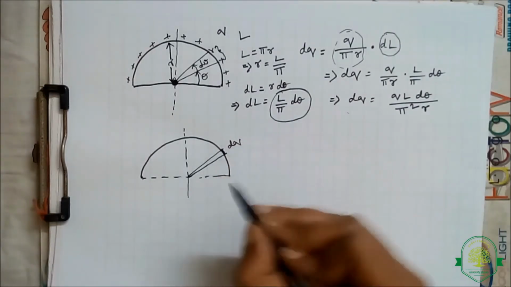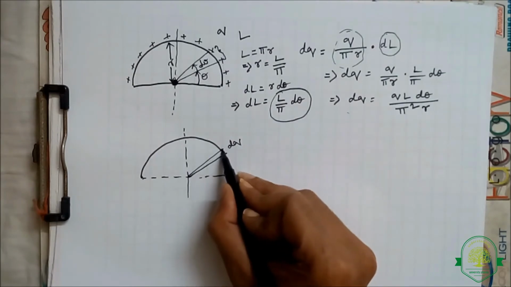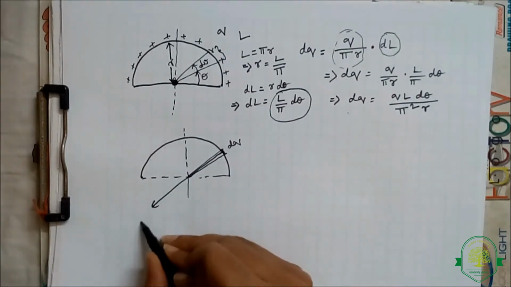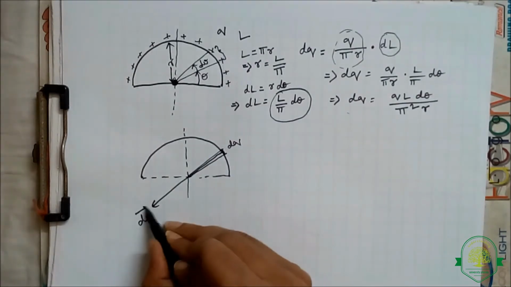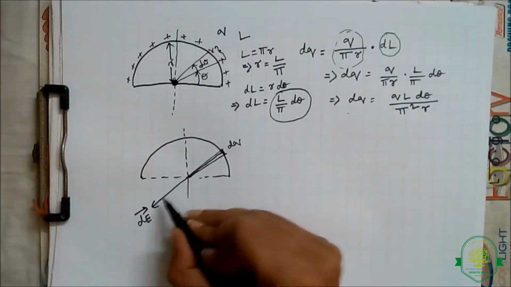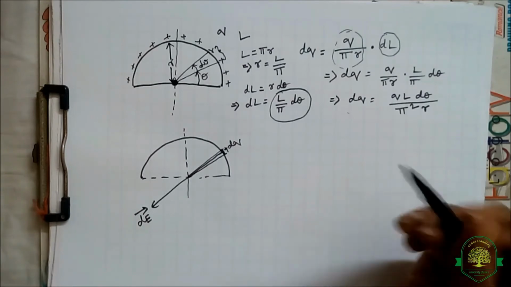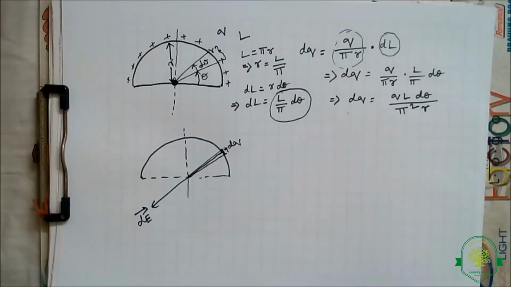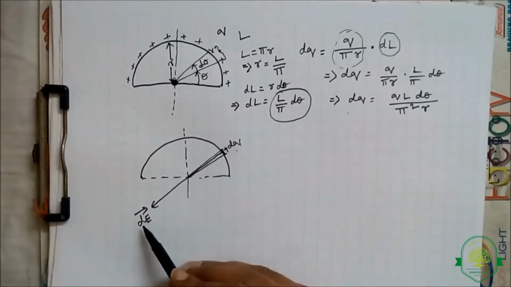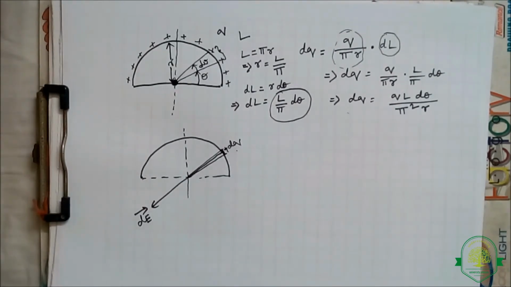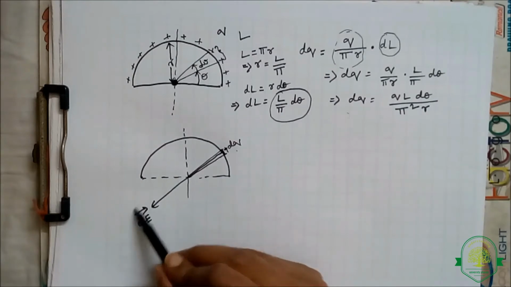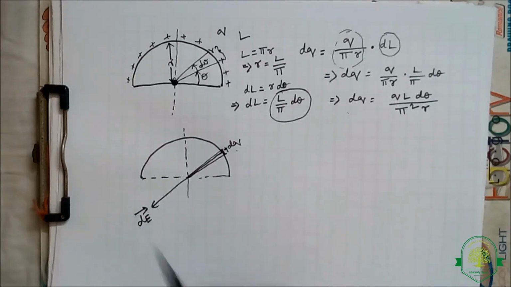This carries a charge plus dq and it creates an electric field, say dE, in this direction. Why in this direction? Because this is a positive charge. Positive charge creates an electric field always away from that positive charge. And why dE? Because the charge that creates the electric field is small. Therefore, the electric field in turn must itself be small.